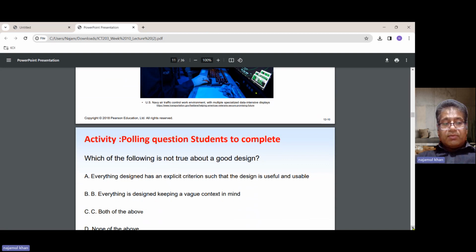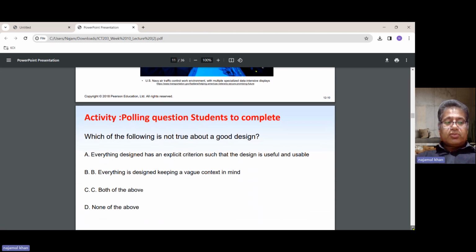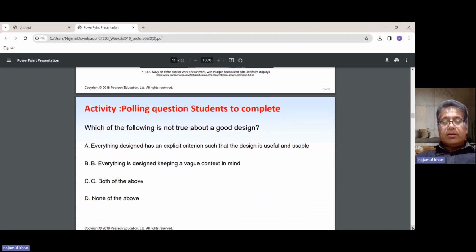So guys, we've got a polling question. All right, let's do this polling question now, not leave it to the tutorial class. Which of the following is not true about a good design? Everything is designed with an explicit criteria such that the design is useful and usable. I think this is important. This is what it should be.